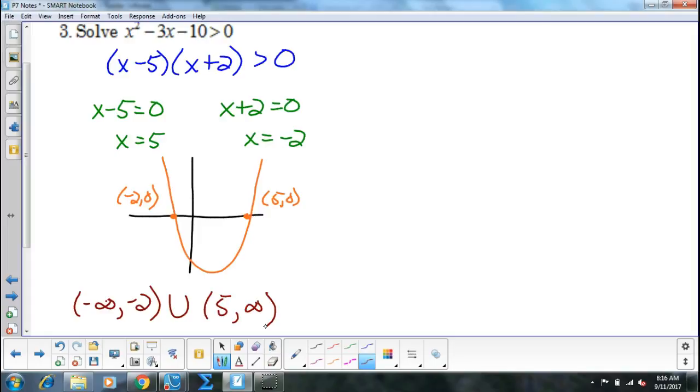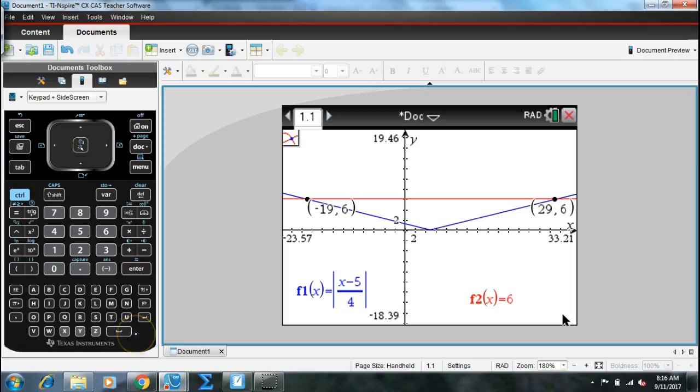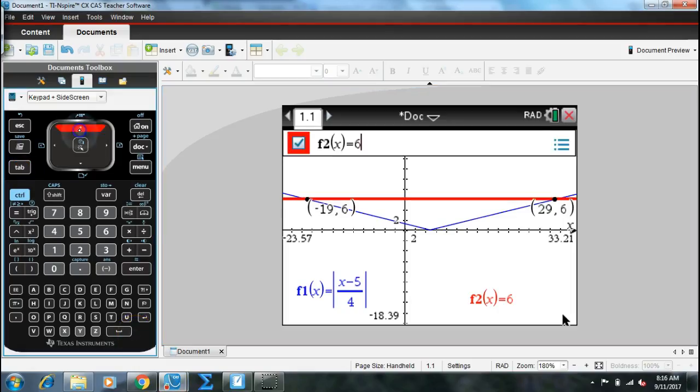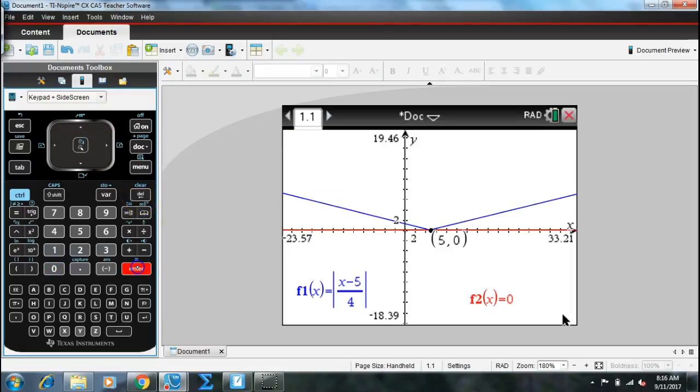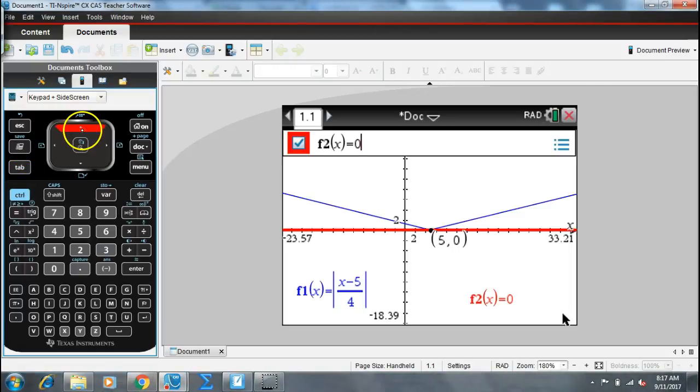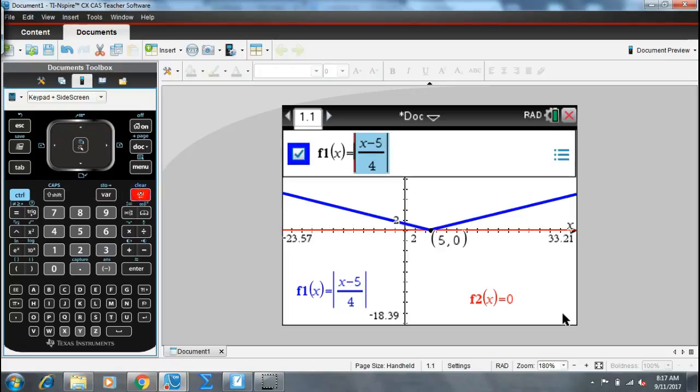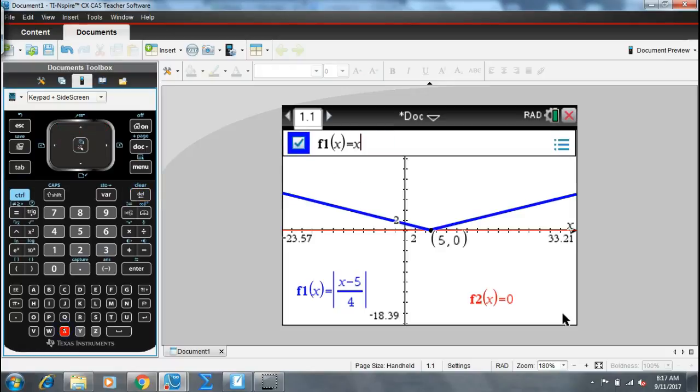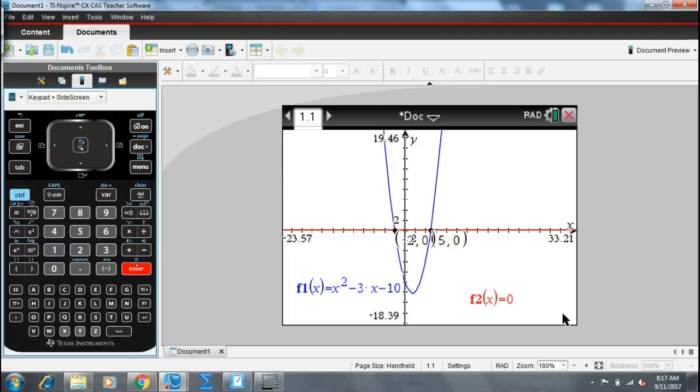Okay? Proving that now graphically, x squared minus 3x minus 10 looks like that.